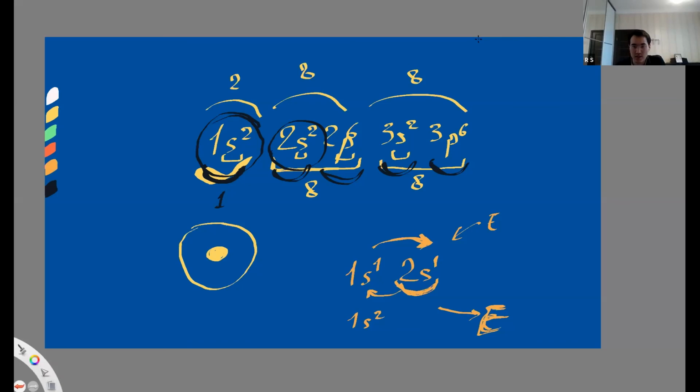Again, the first S can only take 2 electrons. The second S can only take 2 electrons, but the second P can take 6, and in total it's 8. And if we take 3s2 and 3p6, it's also 8.